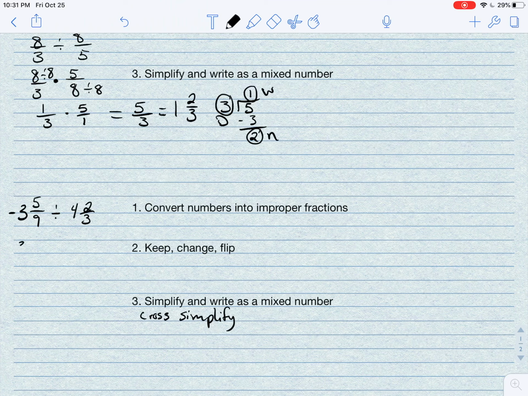So we've got our denominator times our whole number plus 5, and that's a negative 3.